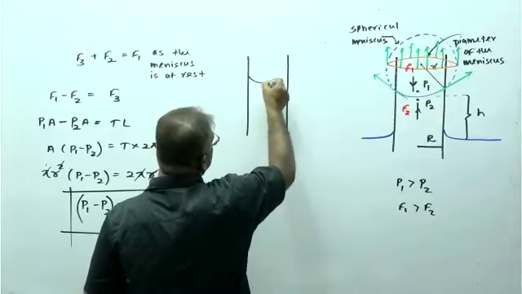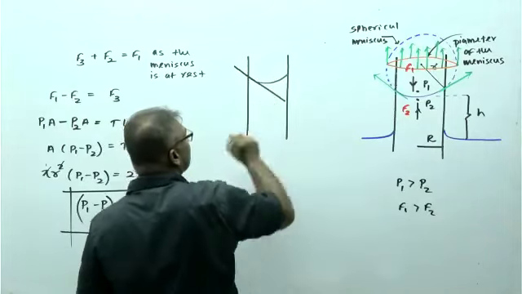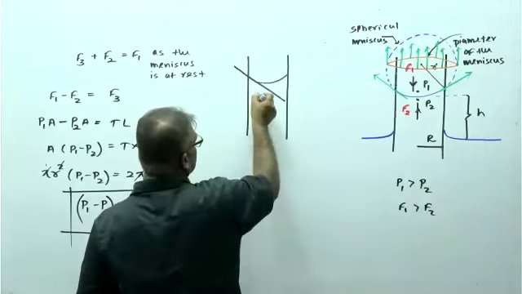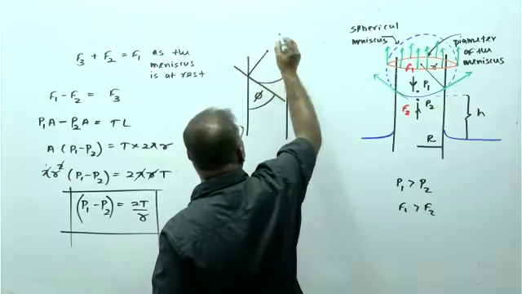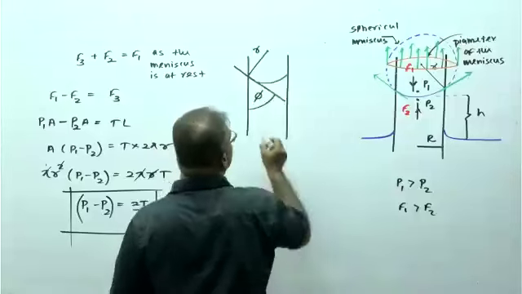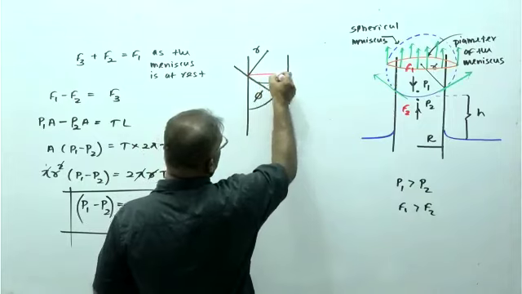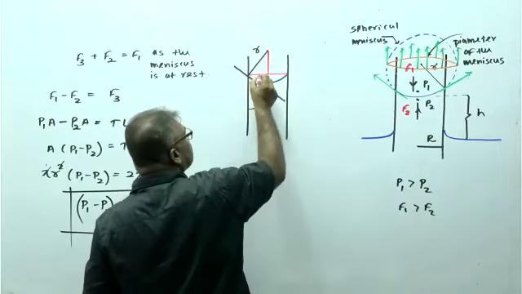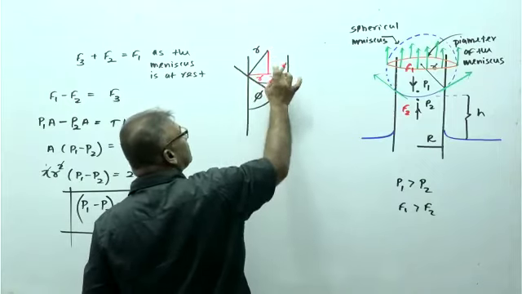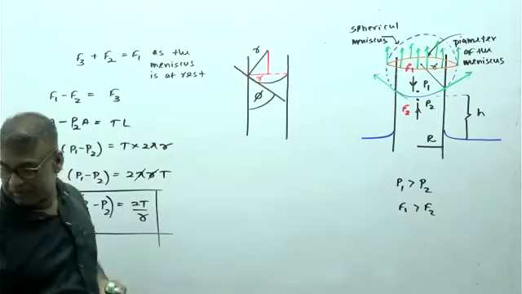If this is the meniscus, here we have the tangential line, and the angle of contact is psi, right? This is the radius of the meniscus, simple R. Here you can see the diameter of the tube, then this is the radius. The radius from here to here, the red color line, is the radius.